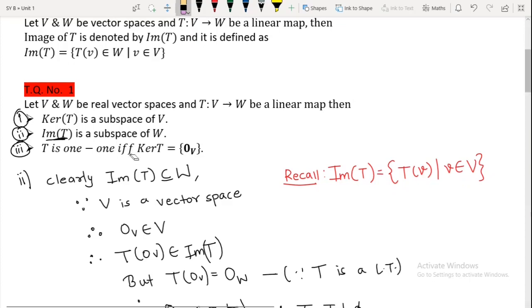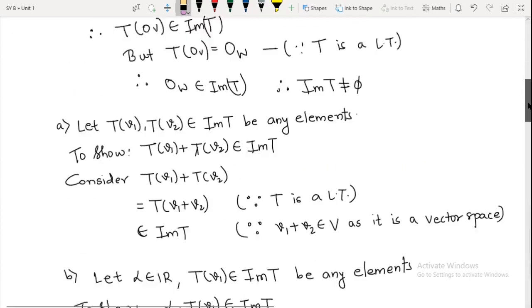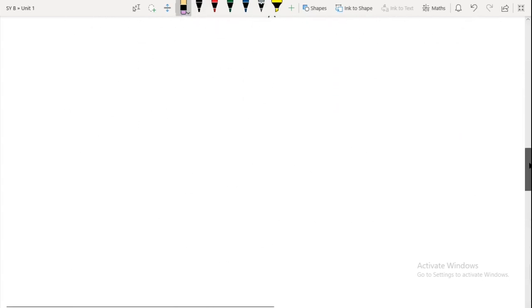Remember, it is if and only if. So first of all I will assume that T is 1-1, then I will prove that kernel of T is singleton 0. Later on I will assume that kernel of T is equal to singleton 0, and then we will prove that T is 1-1.